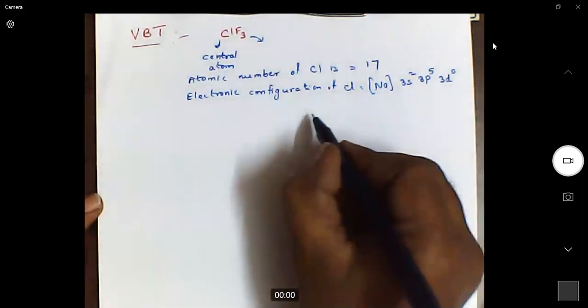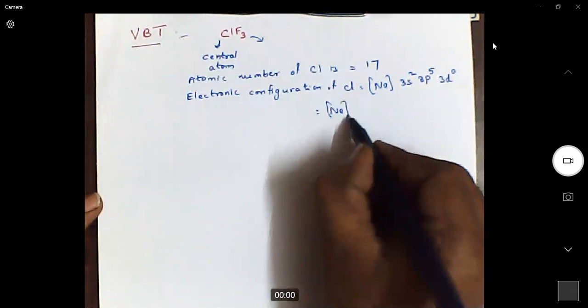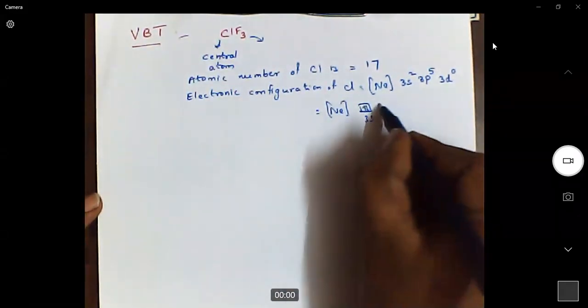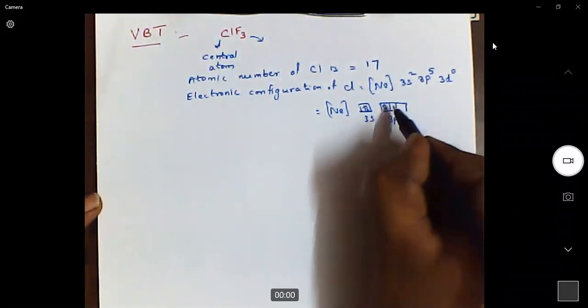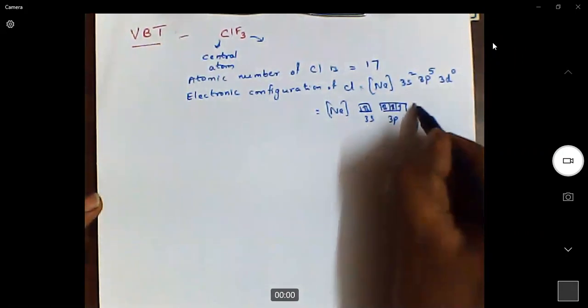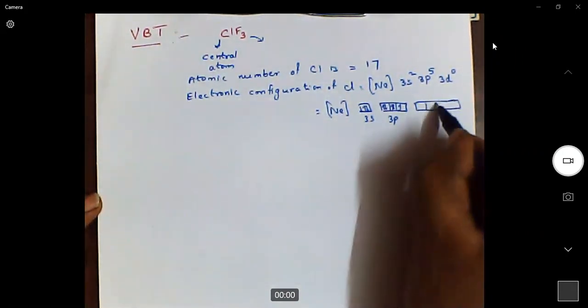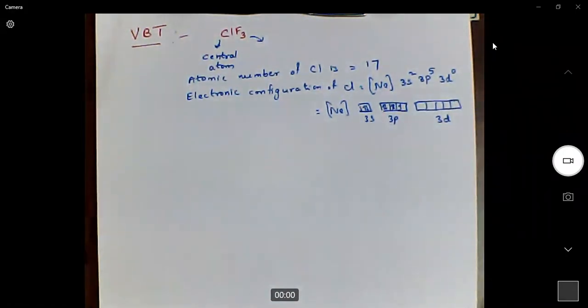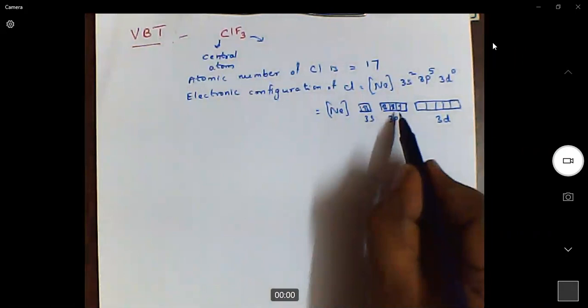We will take it like this: neon, 3s, 3p, and 3d.